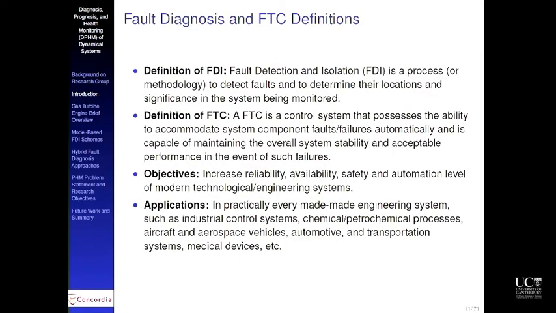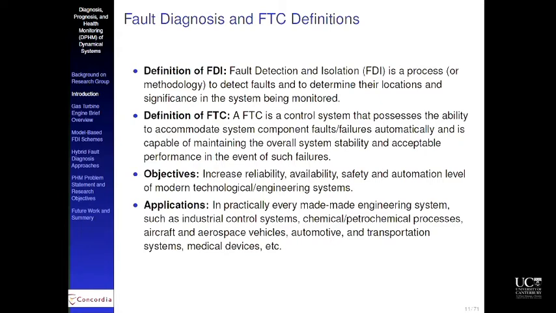Now, I said the topic is diagnosis, prognosis, but when I say diagnosis, I'm referring to fault diagnosis. So what does fault diagnosis refer to? In some literature, it is referred to as the problem of FDI. FDI stands for fault detection, isolation, identification.